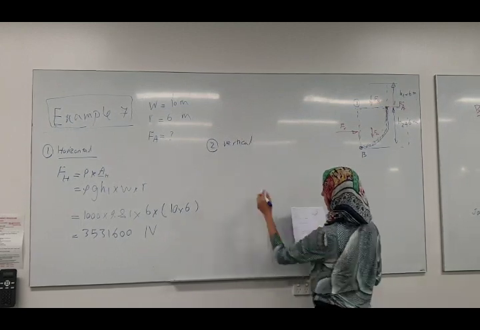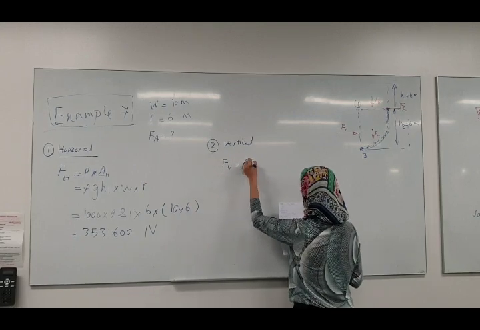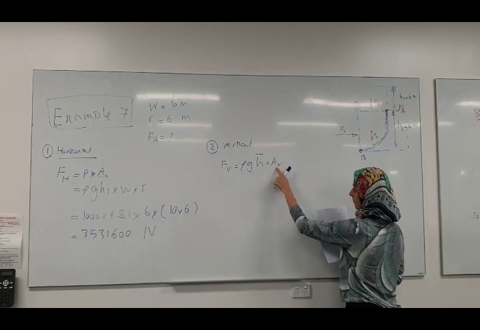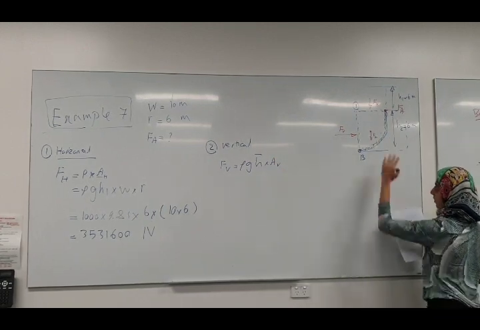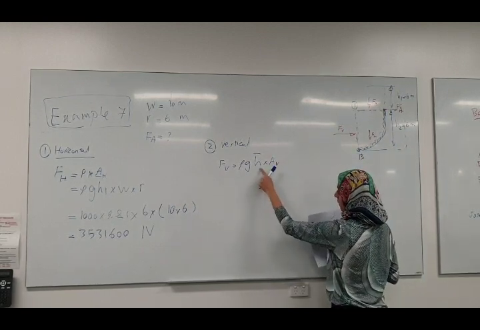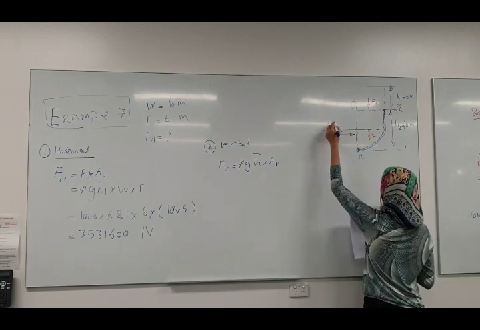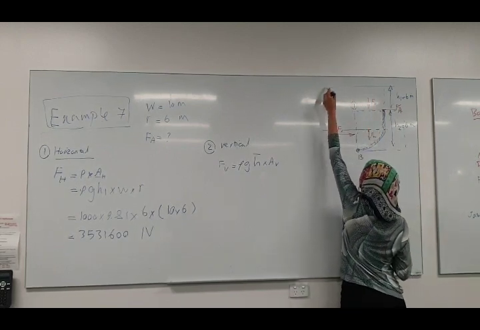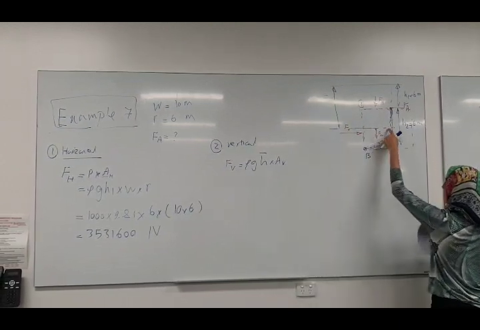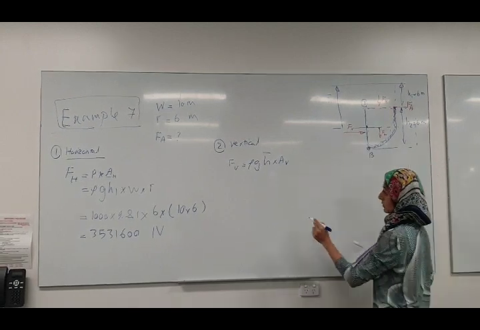For the vertical plate, we learn the force is equal to rho g h bar times area, the vertical area, which is the area projected on the vertical face. So what's the h bar? H bar is the distance from the free surface up to the center of this imaginary vertical plate.